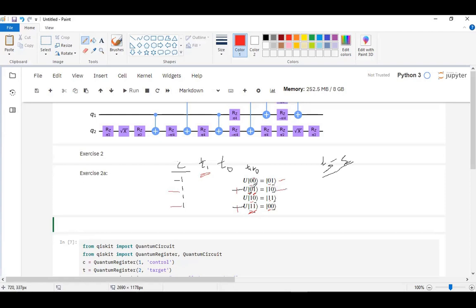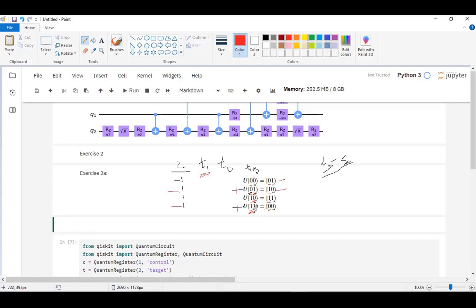In the second case, your C value is 1 and T0 is 1, and that's why your 0 is becoming 1 over here. In the third case, your C value is 1, but your T0 value is 0, so your T1 remains 1 and there isn't a change.